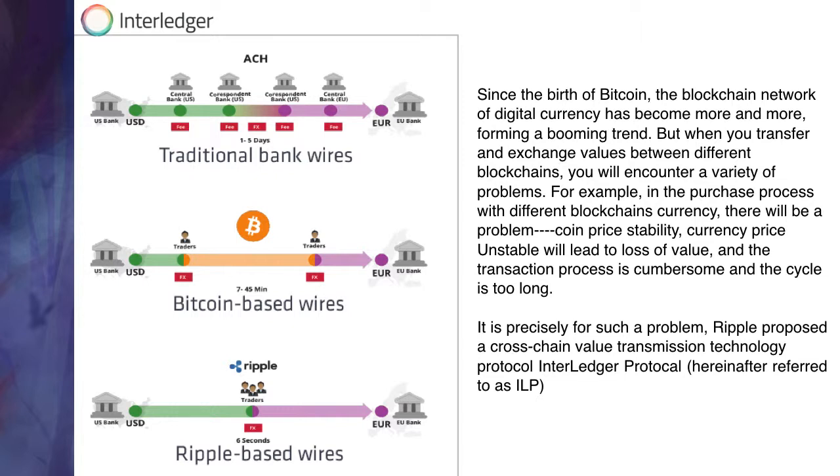So with the Interledger protocol, things change. Alice will share a password provided by Bob through instant message software or another means of communication. The communication must be encrypted so that only Alice and Bob know the shared password. Then Alice will go to Court, which is, as I said, the third party, to make an inquiry that she wants to send, let's say, 29,000 Ripple coin to buy Bob's computer.